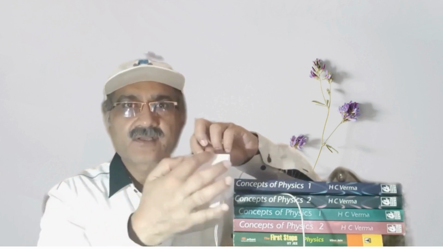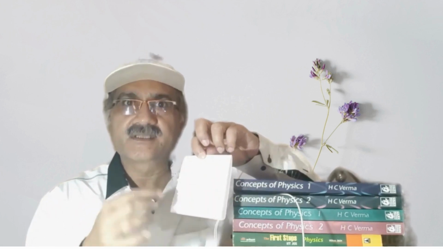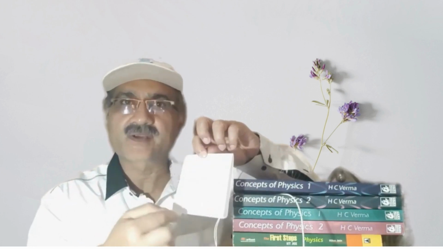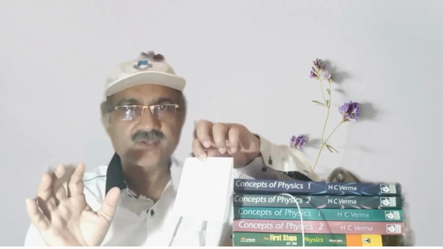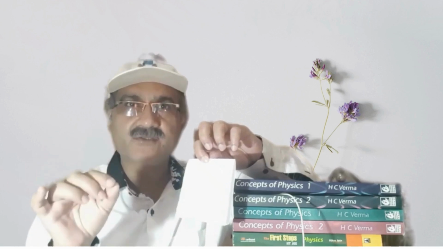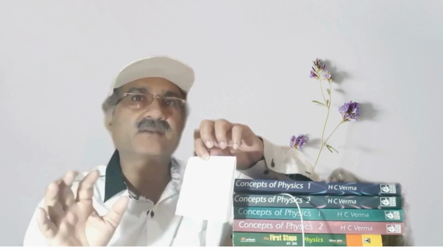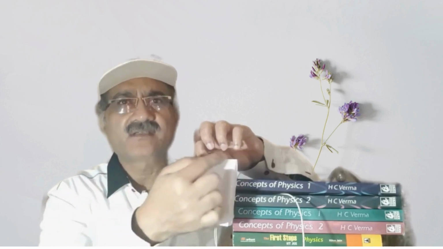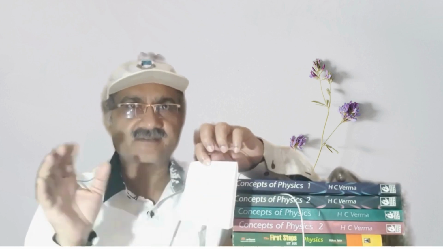So if we call this an area vector, the magnitude of the area vector will be that many square meters. Okay, there is no problem with this. Assigning a magnitude to the area vector was not a problem. It is the same quantity as the area of this surface.